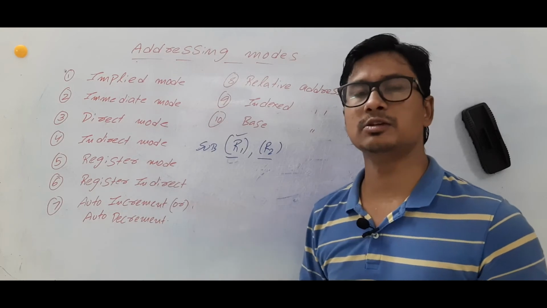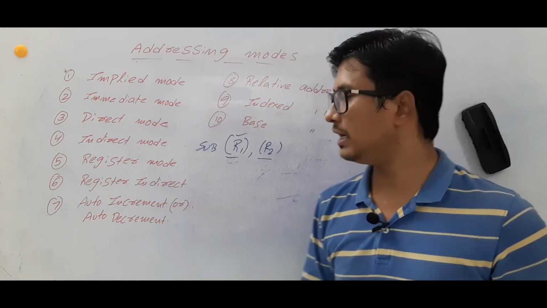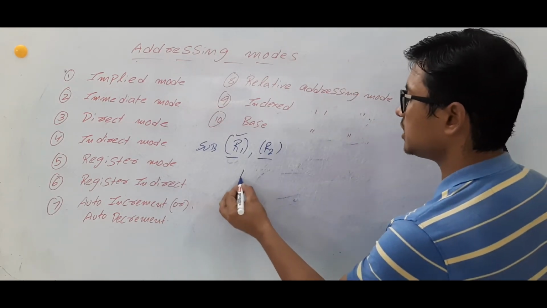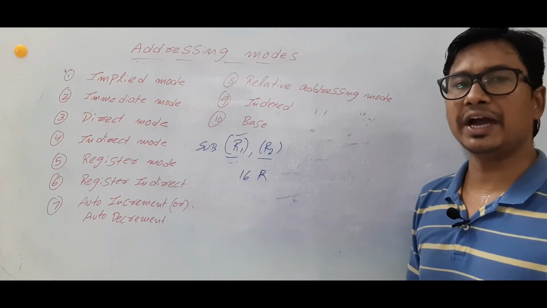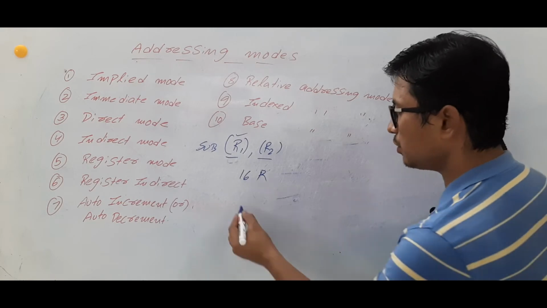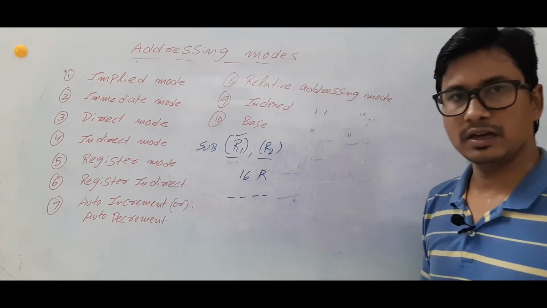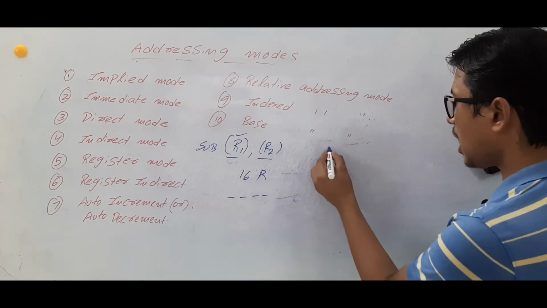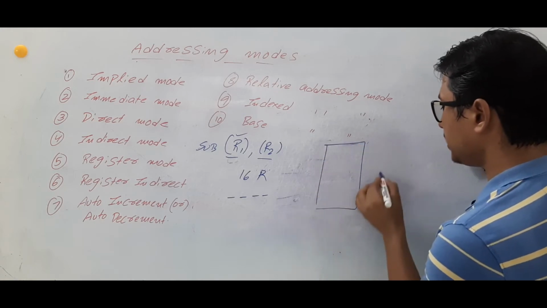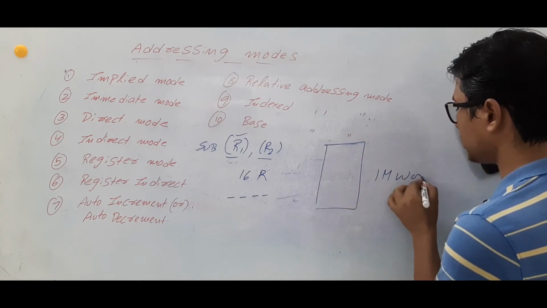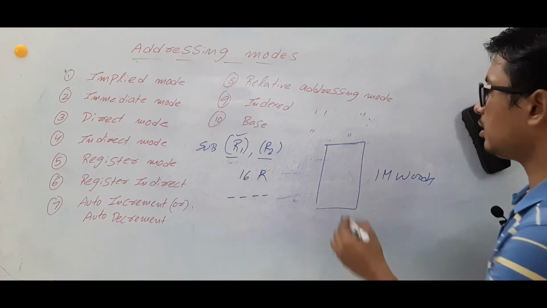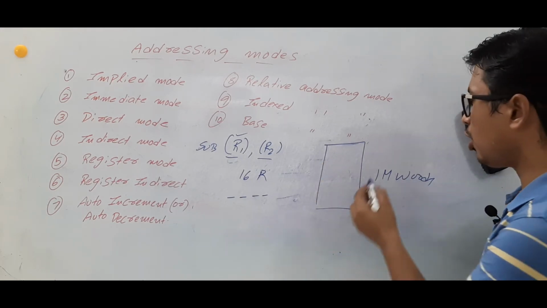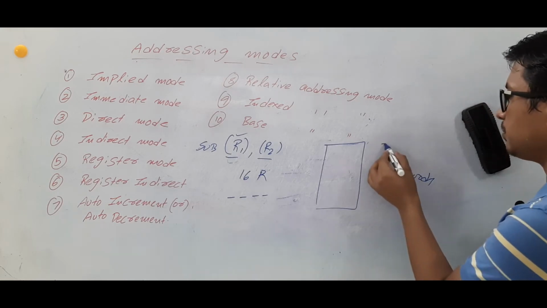Then you can ask me, which is better? The register addressing mode is better. How is it better? Let's take that you have 16 registers. If you have 16 registers, to identify one of the registers, you need a 4-bit address. Am I right or wrong? If you have 1 M words in the main memory, how many bits are required? 20 bits are required.